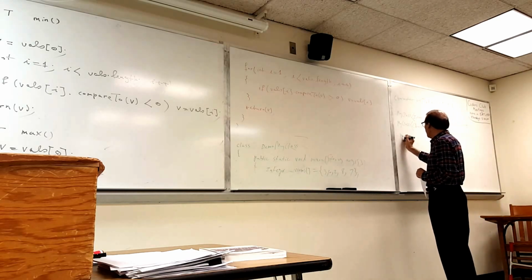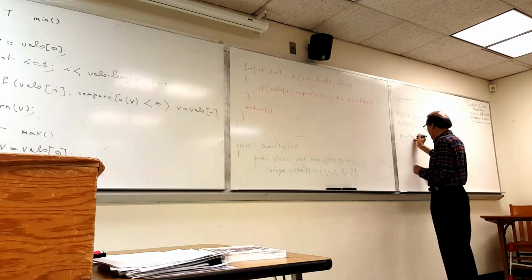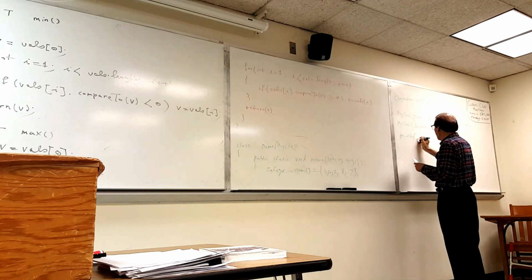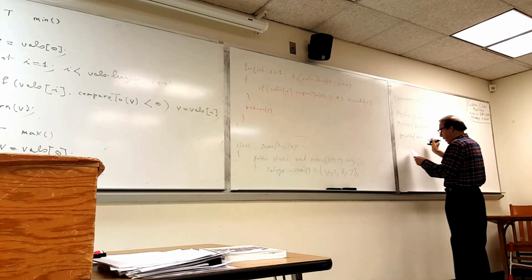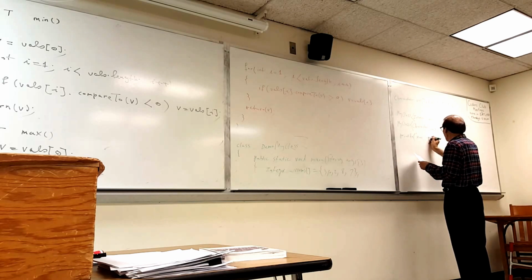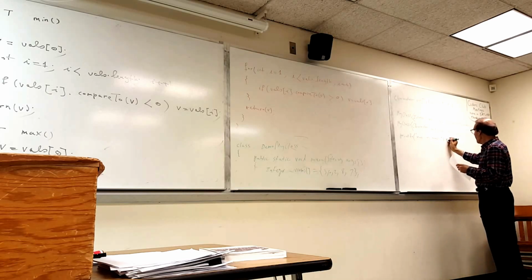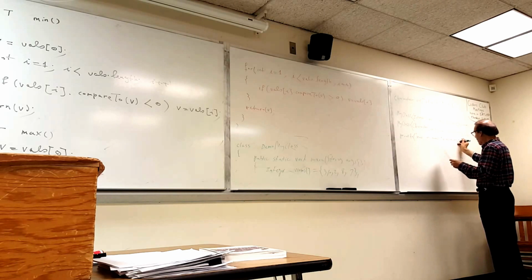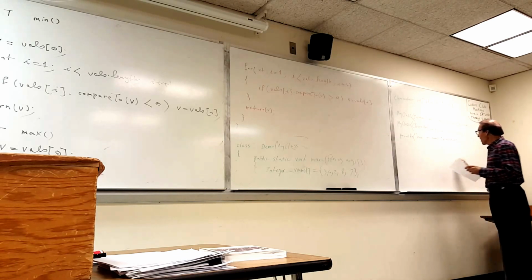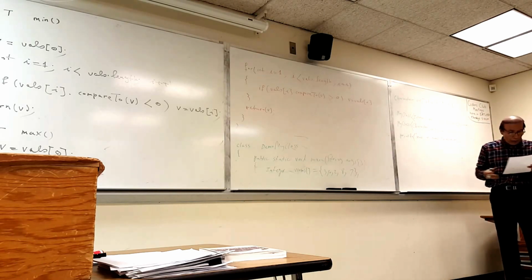And then println max in nums equals plus mc dot max. Just find the largest one.